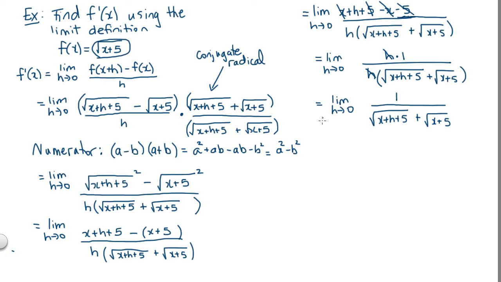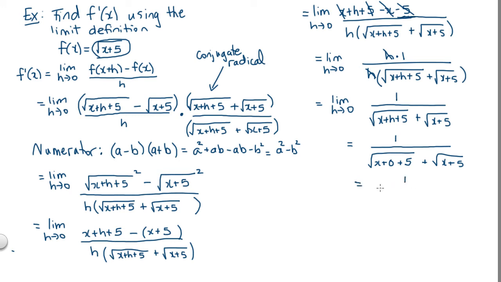So this is now the very first step in the problem where it makes sense to plug in h equals 0. So let's go ahead and do that. We don't need to copy our limit sign anymore, and we are going to plug in. So we've got 1 over the square root of x plus 0 plus 5, plus root x plus 5.